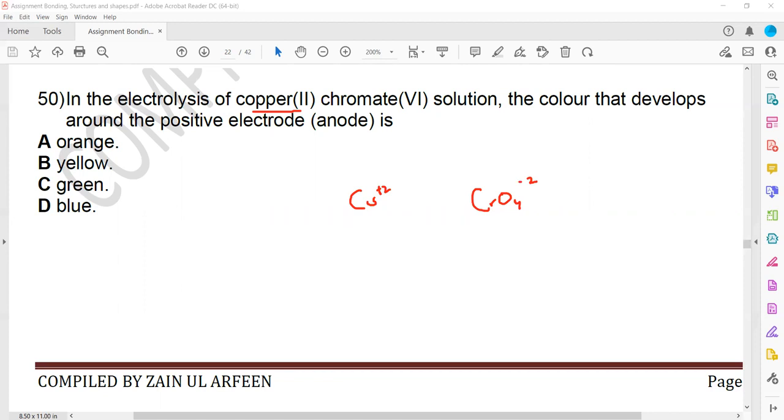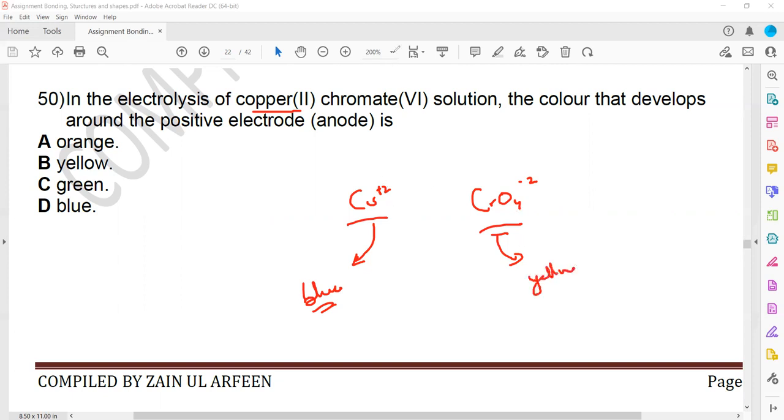So the appearance of copper is blue in color. And chromate is yellow, dichromate is orange. So chromate is yellow in color.